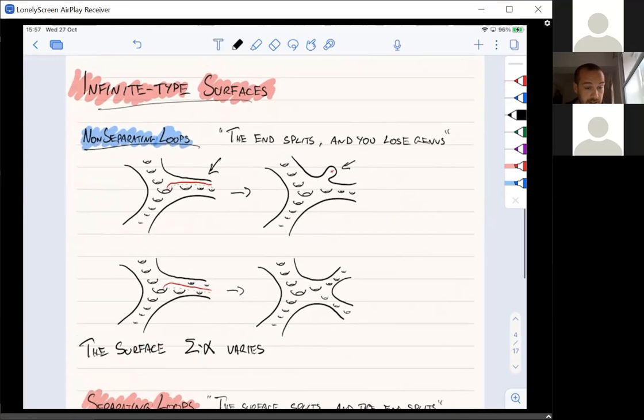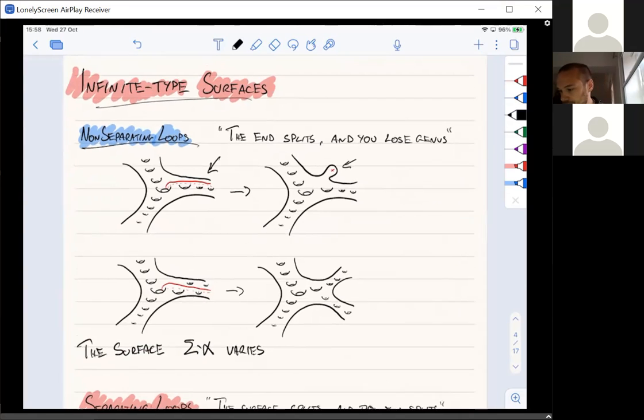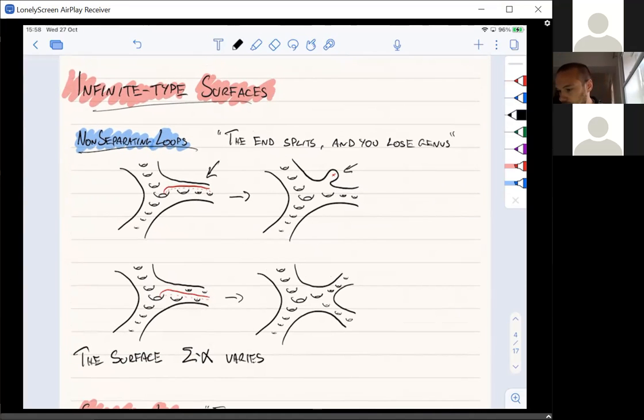The first example is non-separating loops. And I've drawn two different red curves here, two different non-separating loops. The first one, the top left, you look at this arc.